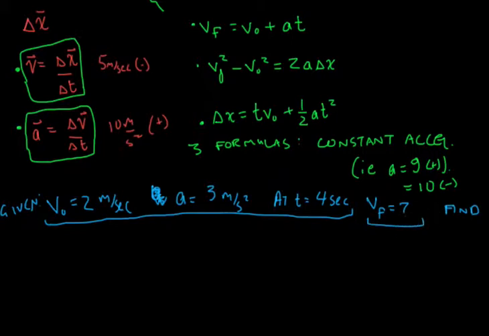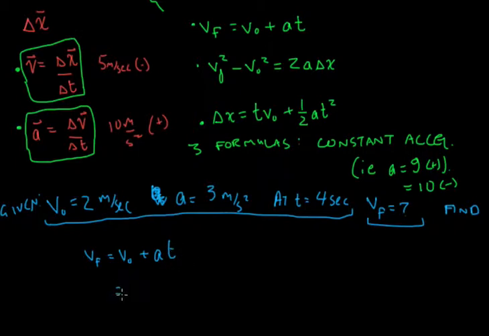So we look for an equation that relates these, and this one down here brings in displacement. We don't need displacement. This one here again brings in displacement. This one though, has velocity final, that's what we need to solve for, and velocity initial, acceleration, time. This top one looks good, so we can just write out velocity final equals velocity initial plus acceleration times time.